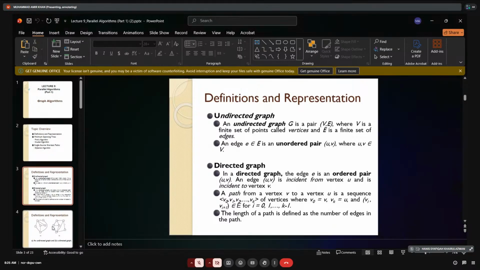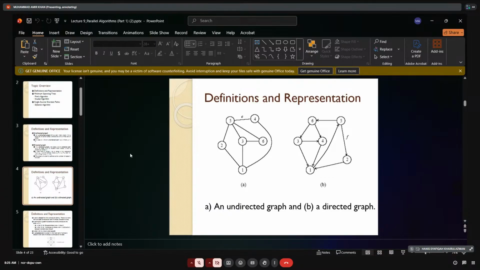Now see. Definition and representation: A is the undirected graph and B is the directed graph. How do you distinguish? In B, you have a direction. In A, there is no direction.